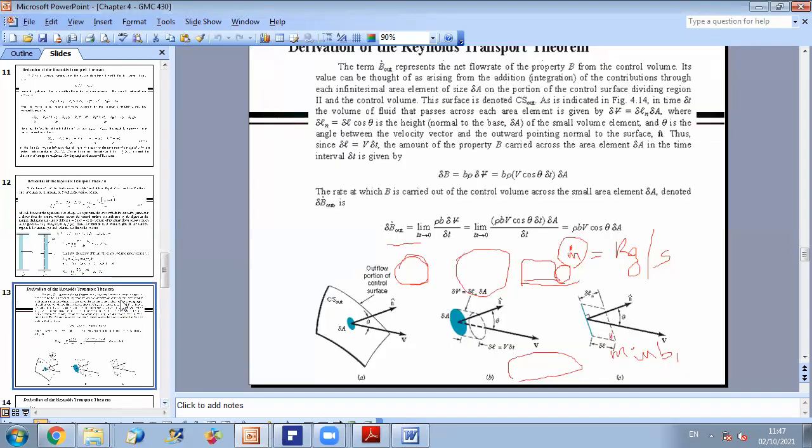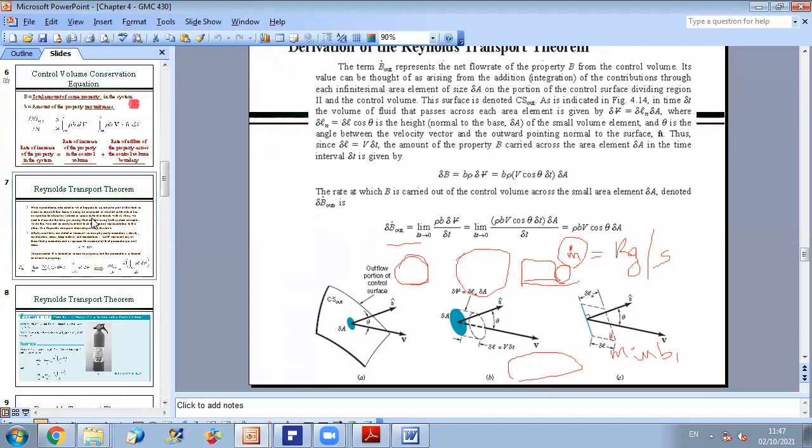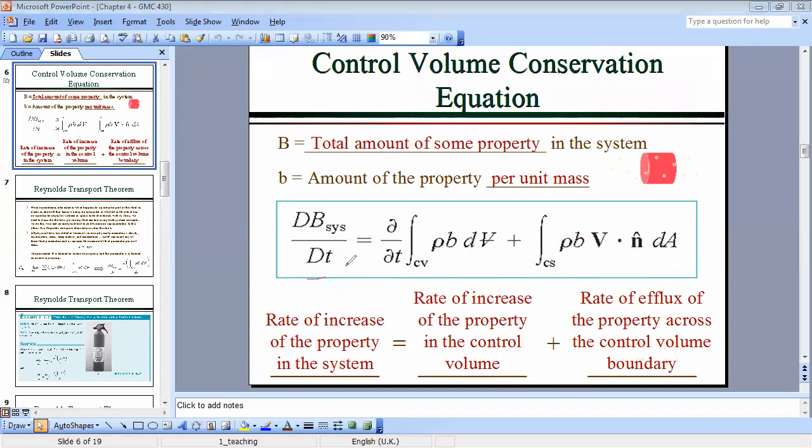So all what I did here is just to demonstrate the following. If I go back to this formula, I want to demonstrate that the variation of the property of a system is equal to the variation of the property within the control volume plus the fluxes that are getting in and out of the surface.